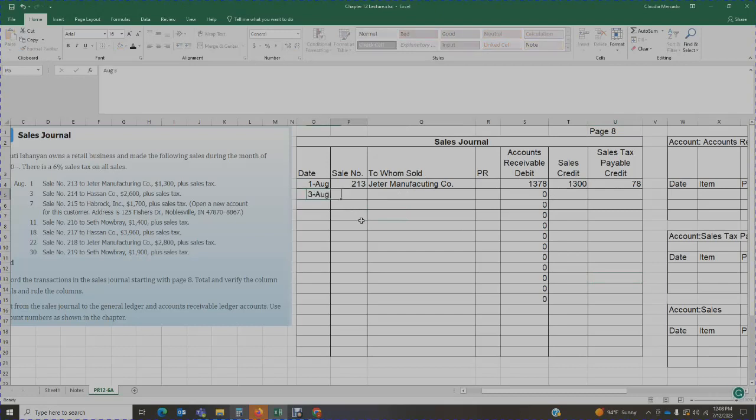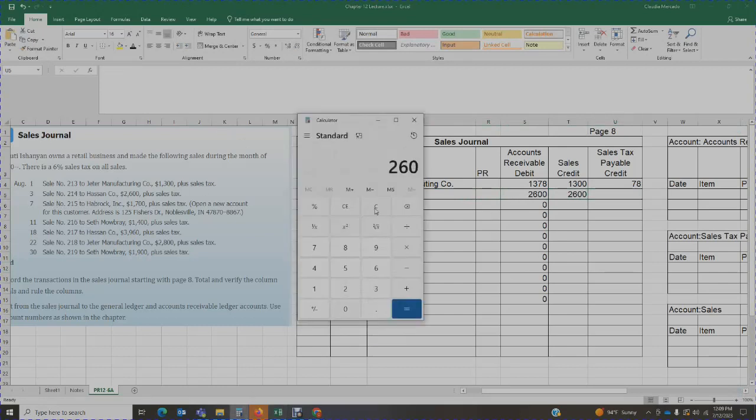August the 3rd, we have sale number 214, and we sold to Hassan Company. We sold $2,600 of merchandise. So we're going to multiply 2,600 times 6%.